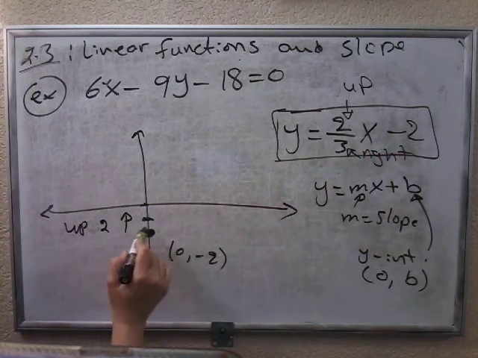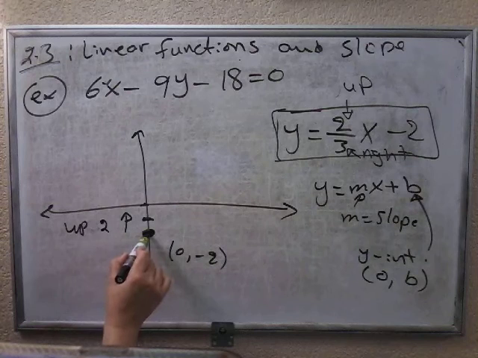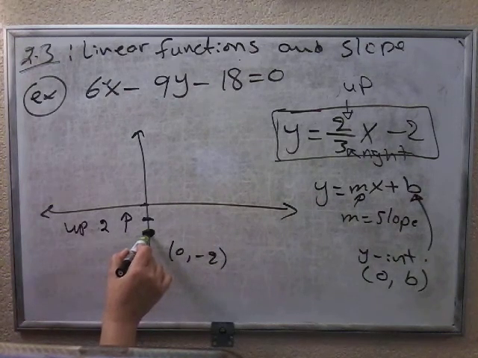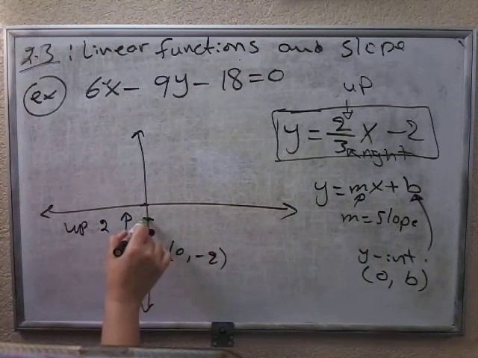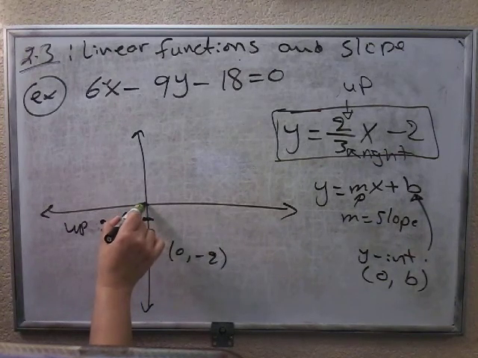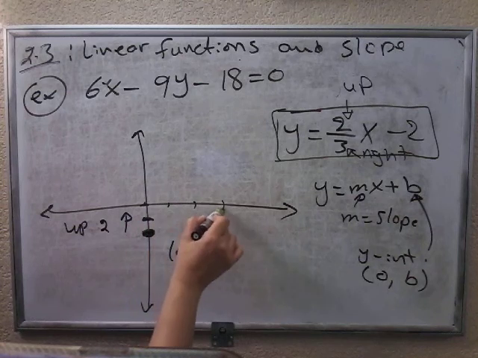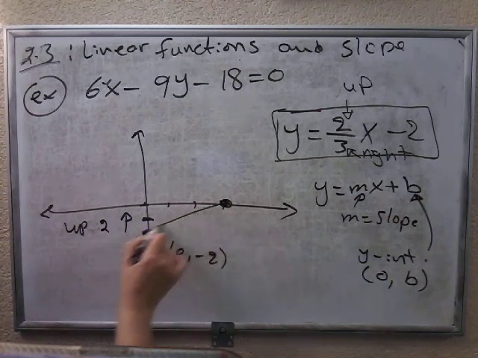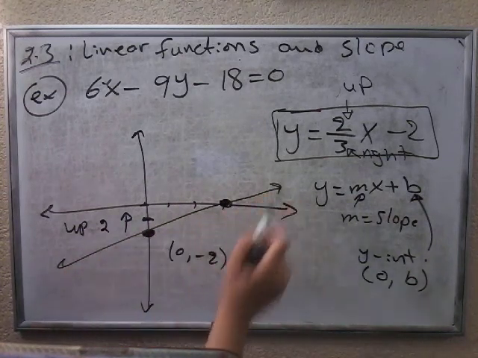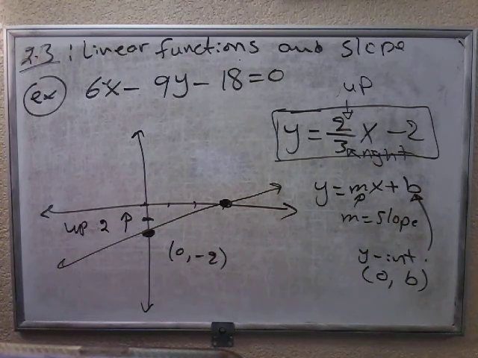So starting from my y-intercept always, then read your numerator, up 1, 2. Now I need to go 3 right. 1, 2, 3. Connect these two points. Here we go. You graphed.